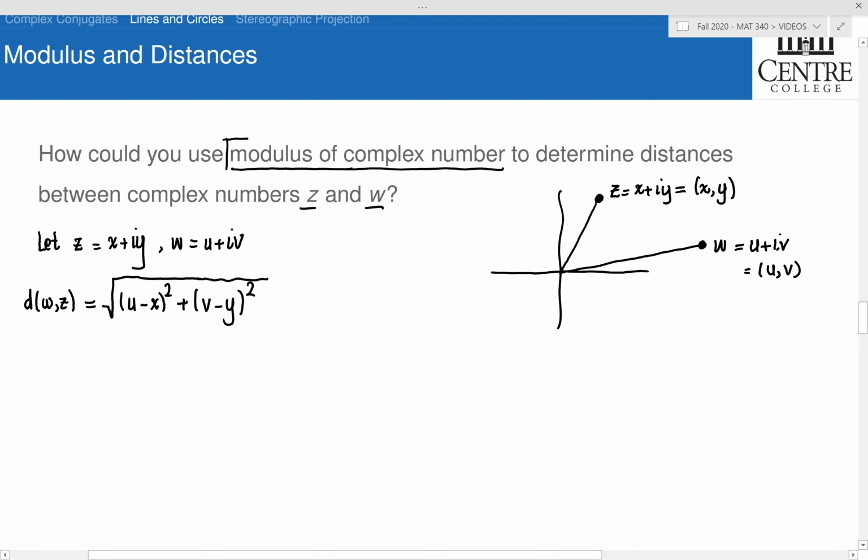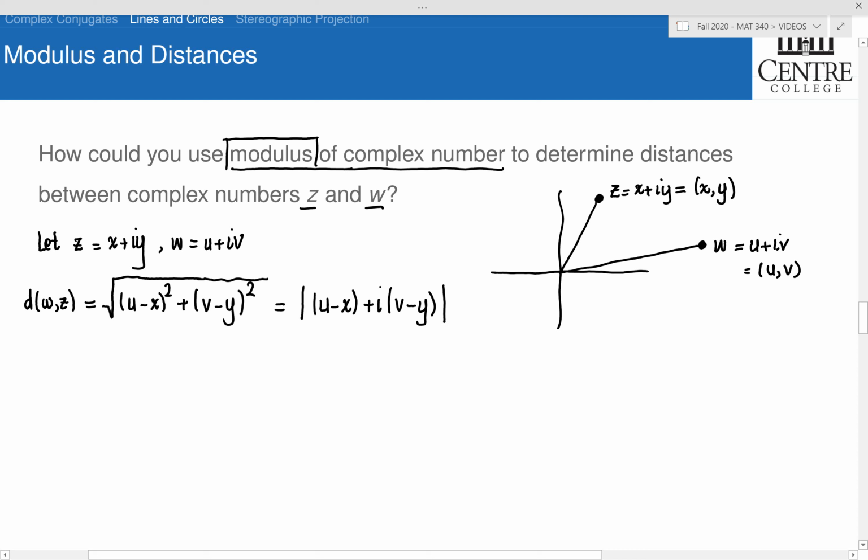Again, we want to relate the distance to the modulus. If I stare at this long enough, can I write this quantity as a modulus of a complex number? The answer is yes. I can view this as the modulus of u minus x plus i times v minus y.